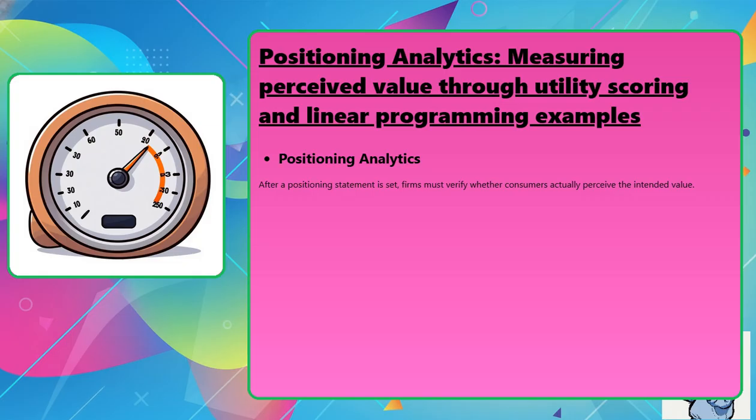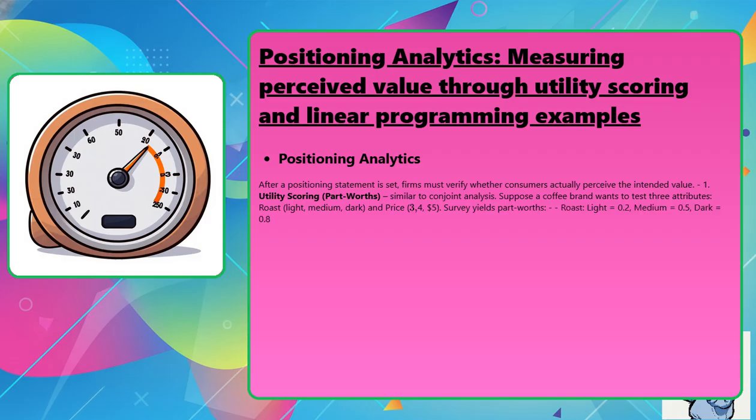After a positioning statement is set, firms must verify whether consumers actually perceive the intended value. Number 1: utility scoring, part-worths similar to conjoint analysis. Suppose a coffee brand wants to test three attributes: roast (light, medium, dark) and price ($3, $4, $5). Survey yields part-worths. Roast: light equals 0.2, medium equals 0.5, dark equals 0.8.